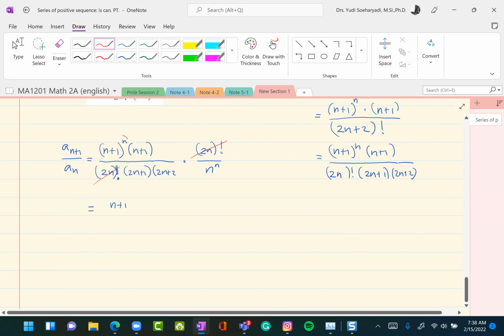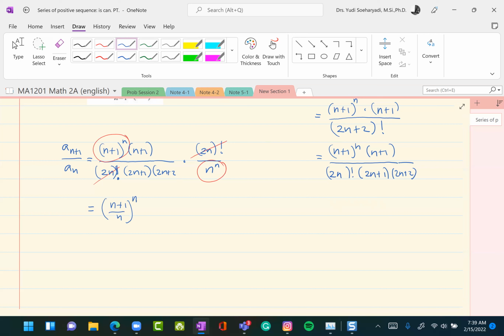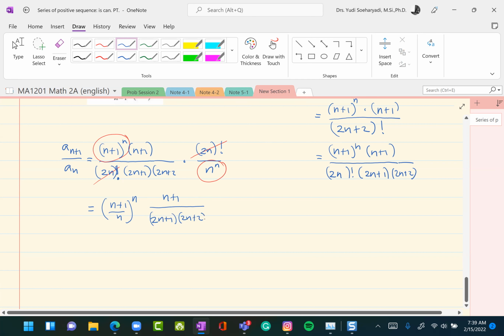So I would say this and this, not cancel, but you can simplify by power n, because they have the same power, and then n plus 1, right? And divide by 2n plus 1, 2n plus 2.